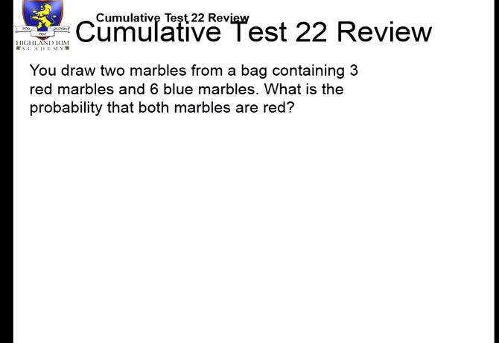So the first time you go, there's 9 marbles, and 3 of these are red. So the possibility is 3 out of 9, right? Now the second time, there's only 8 marbles left, and only 2 of them are red.